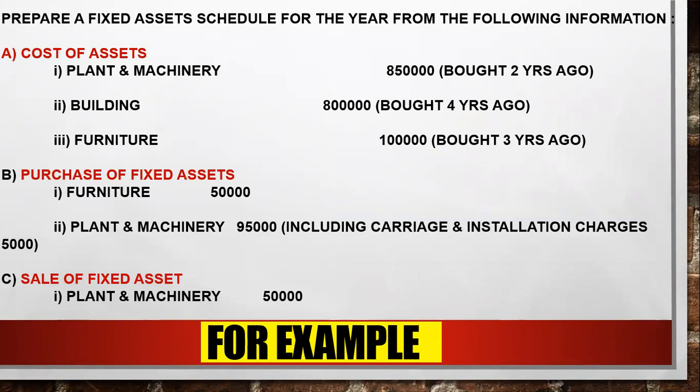Because during any financial year, if you made any additions of any asset, or any asset has been sold, you have to deduct the depreciation on a pro rata basis. Pro rata is like, for example, say you have purchased in June.